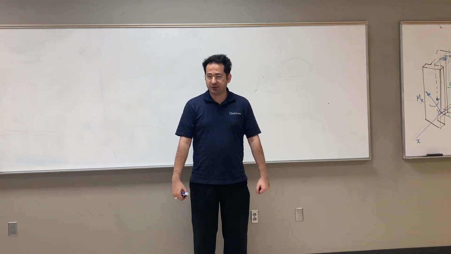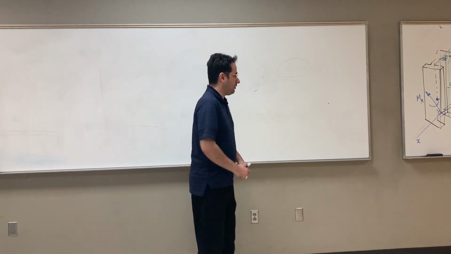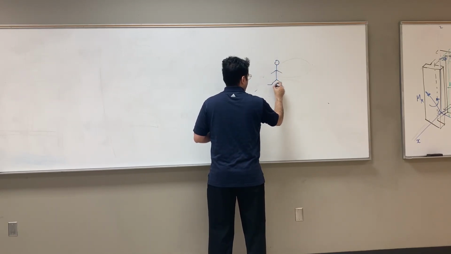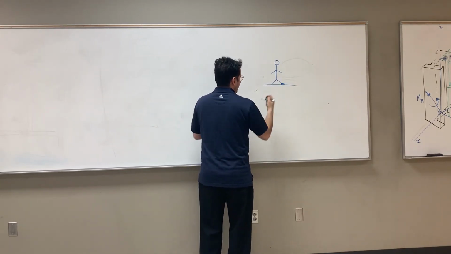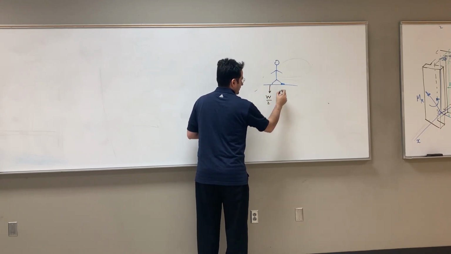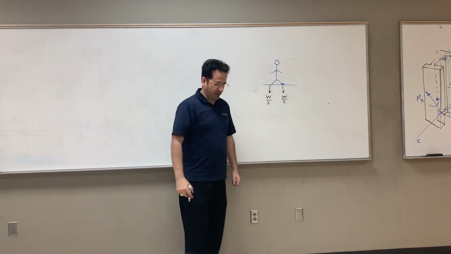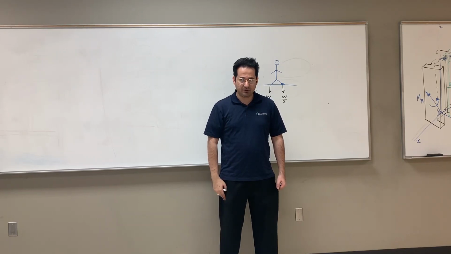I'm applying a force on the floor. I'm applying my weight on the earth, half with this foot, half with the other one. If I stand perfectly balanced like this, half goes with this leg and the other half with the other leg, right?